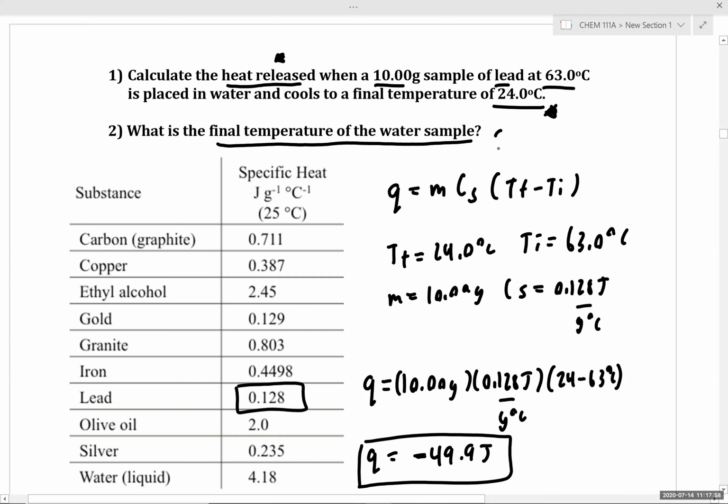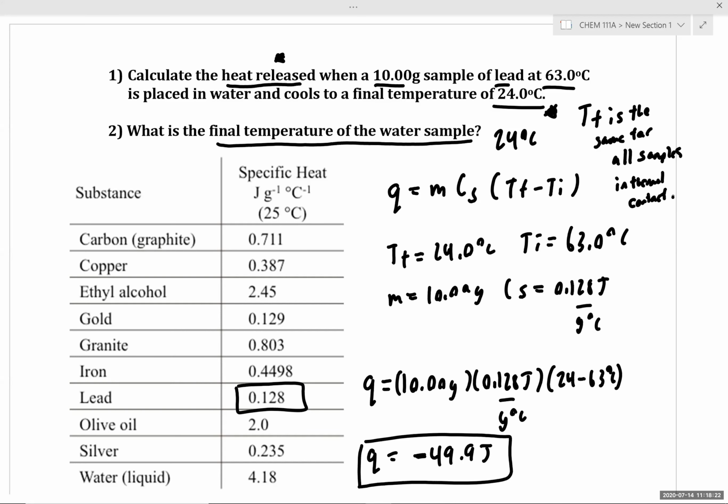It's also going to be 24 degrees Celsius because remember, T final is the same for all samples in thermal contact. If the final temperature wasn't the same, they'd exchange heat until they eventually reach equilibrium. Does this example make sense to everyone? Any questions on this example?